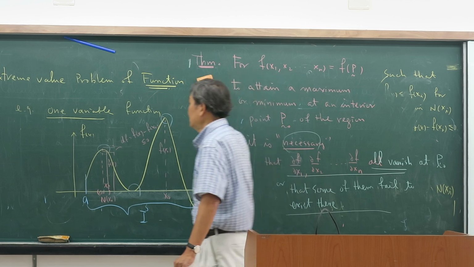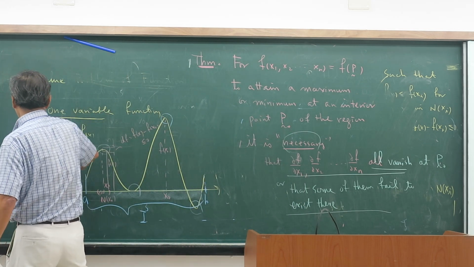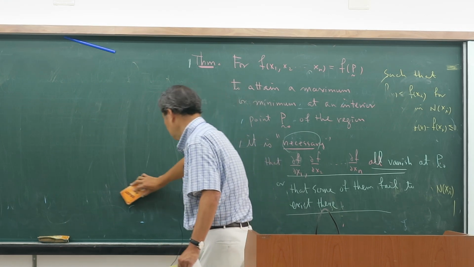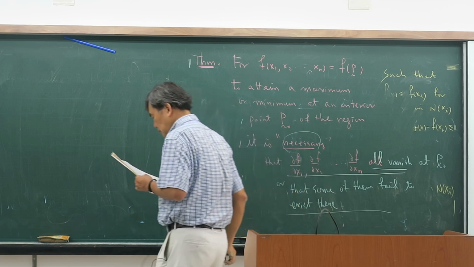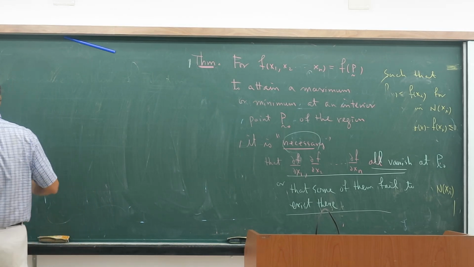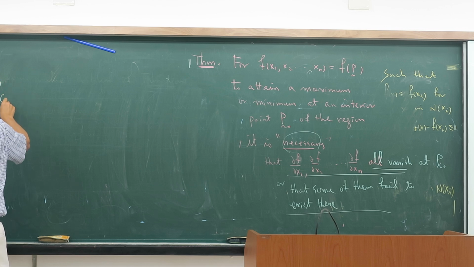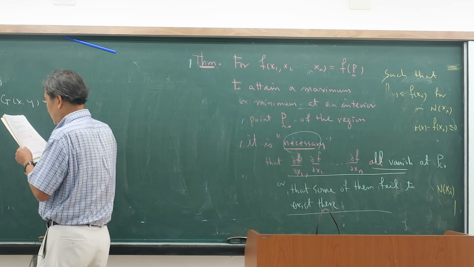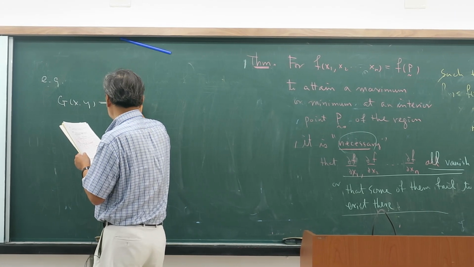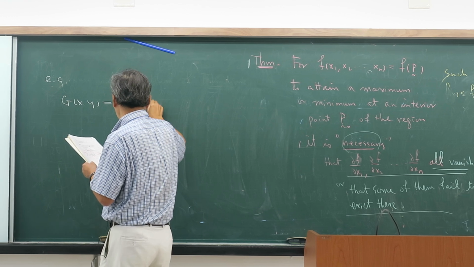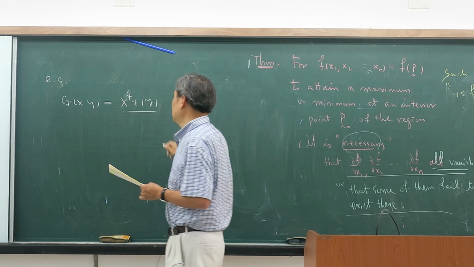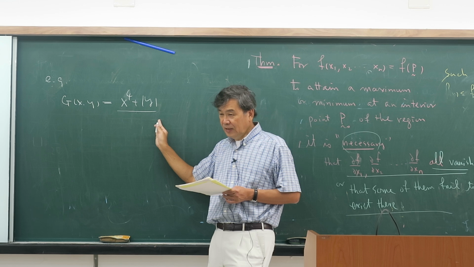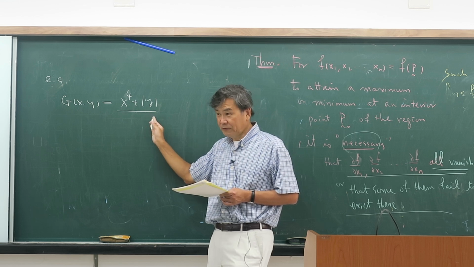So why do we have this kind of partial vanishing? Let me give you an example. g(x,y) is equal to x to the fourth power plus the absolute value of y. When you play with mathematics, anytime you have an absolute value, be careful.